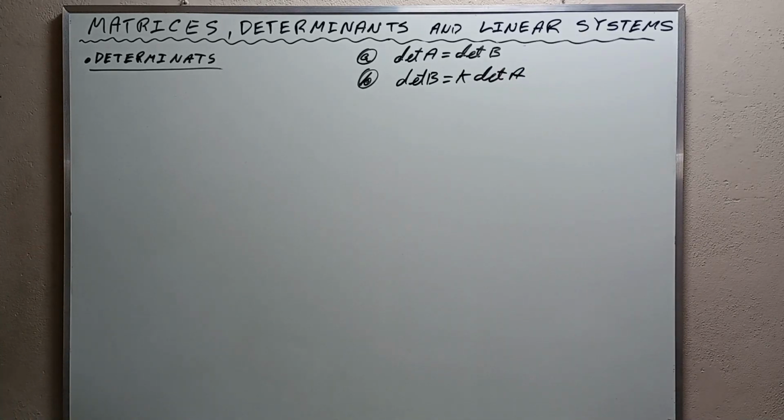Saying it again. If one row of A is multiplied by K, and this multiplication results in another matrix, let's call it matrix B, then the determinant of matrix B is K times the determinant of matrix A.